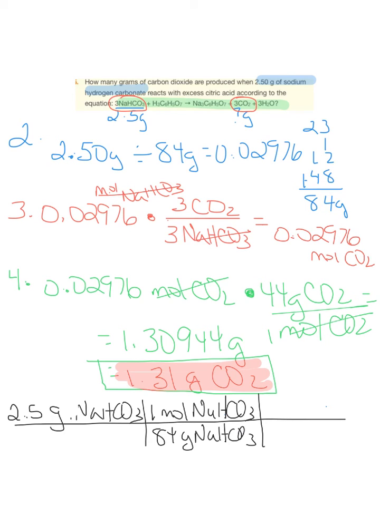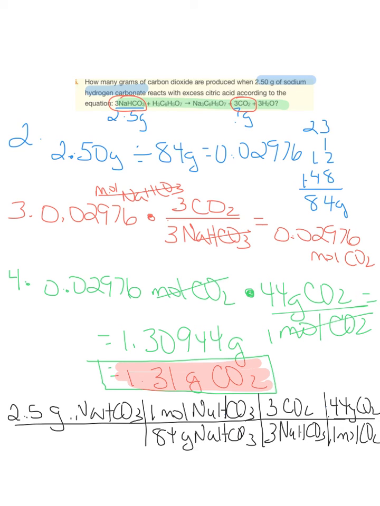Step 3 is to multiply by the coefficients, or the mole-to-mole ratio. So you'd have 3 moles of CO2 over 3 moles of sodium bicarbonate. And then to convert to the units requested, which would be step 4, your last fraction is going to be the molar mass of CO2 over 1 mole of CO2.